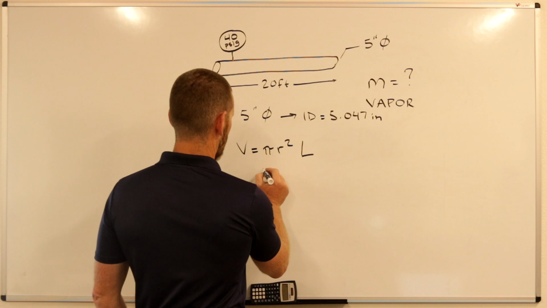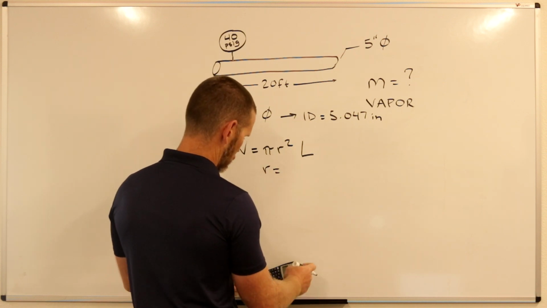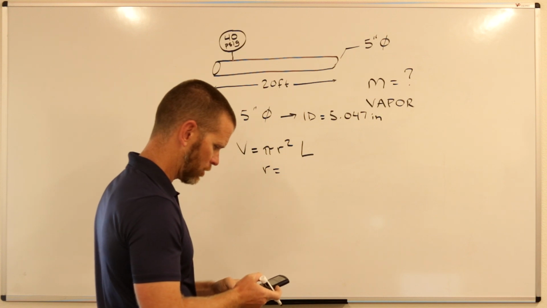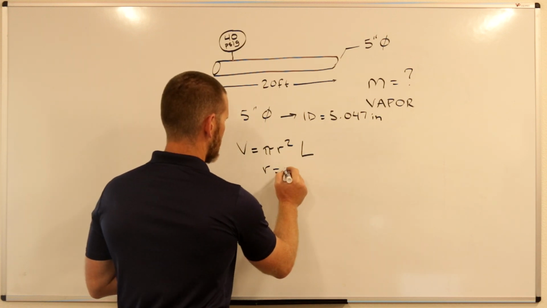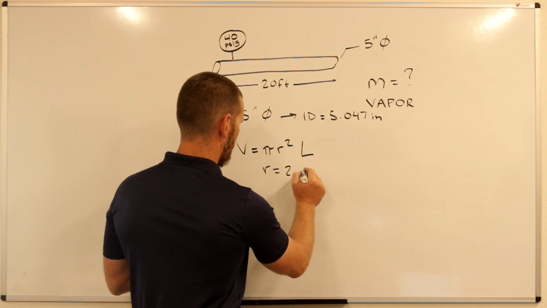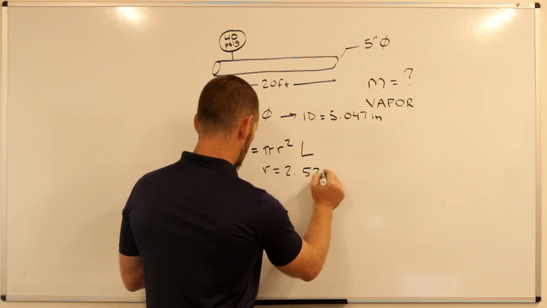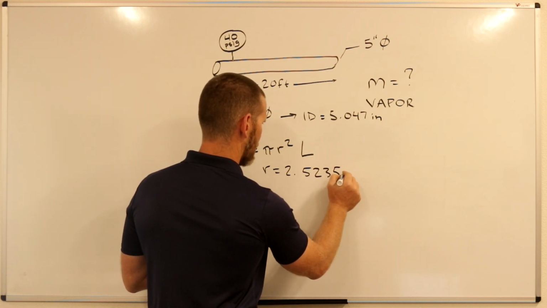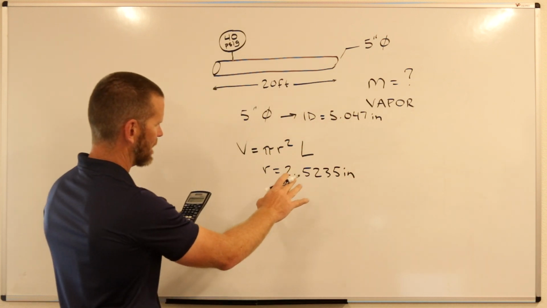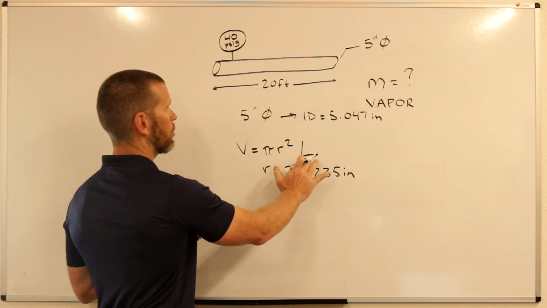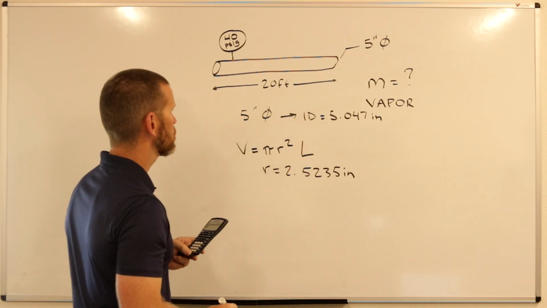So the radius in our case, r equals 5.047 divided by 2, which is 2.5235 inches, okay? That's our radius. Now we have everything, so we know radius, pi is a number, and we know the length is 20 feet, so we can calculate the volume.